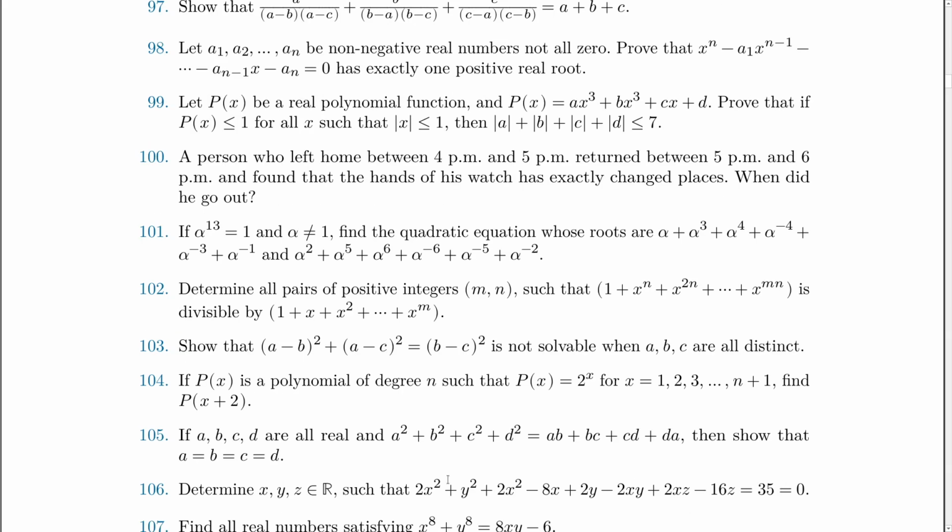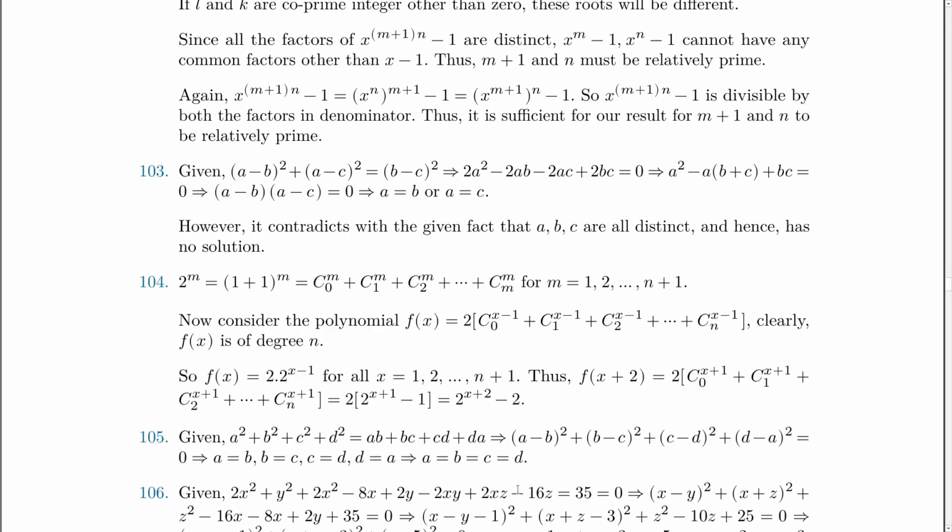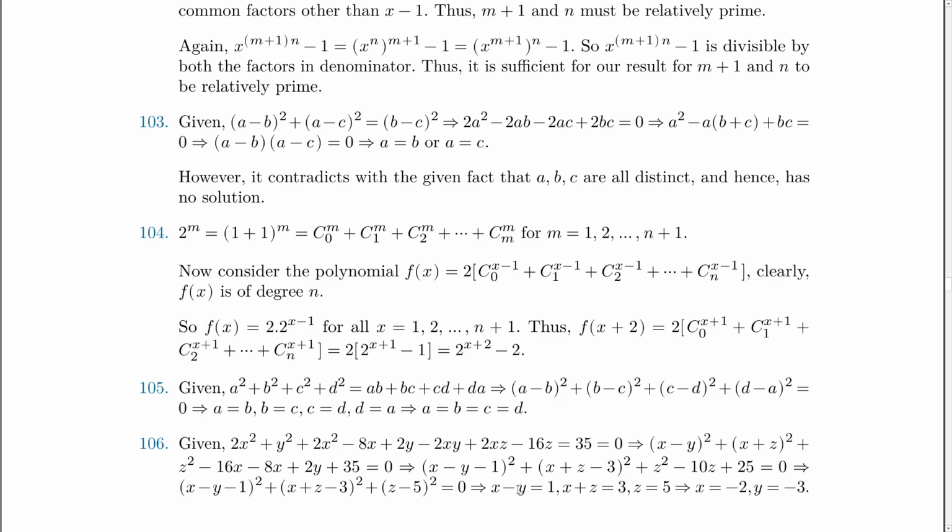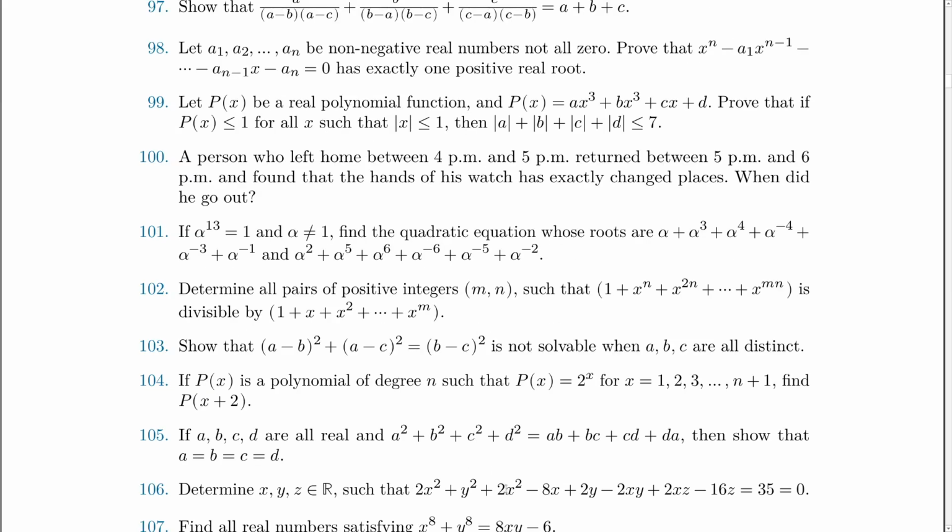Question 106 says that show that for x, y, z belonging to the real number set, 2x^2 + y^2 + 2z^2 - 8x + 2y - 2xy + 2x - 16z plus 35 is equal to 0.